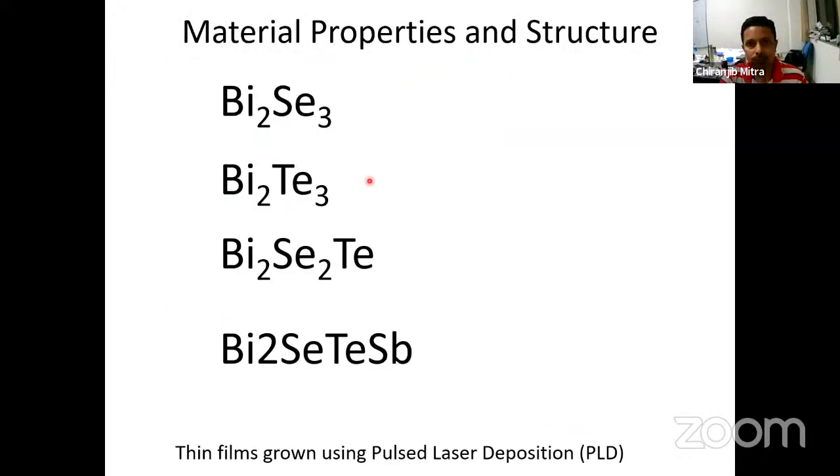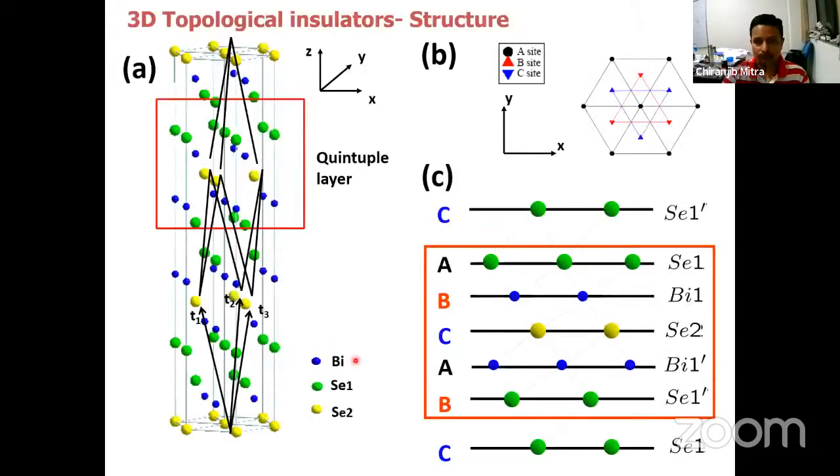So some of the materials that we are going to study in this talk are bismuth selenide, bismuth telluride, a mixture of bismuth selenide and telluride, and then we added antimony also to this. Again, this has also been dealt with in many talks. I'll rather not stick to it.